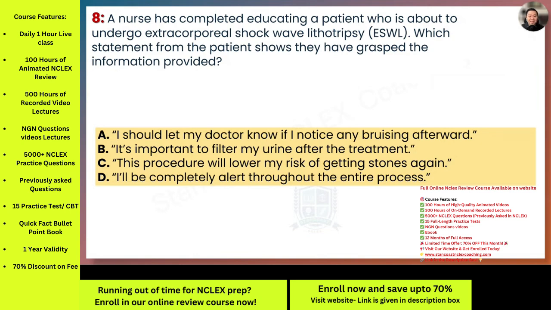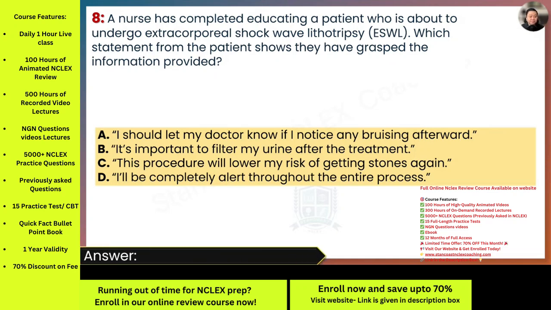Now, the key to this question is to understand the purpose of the post-procedure care for a patient undergoing ESWL, which is the treatment to break the kidney stones into smaller pieces so the client can pass them more easily. And so the correct answer here is letter B. It states, it's important to filter my urine after the treatment.